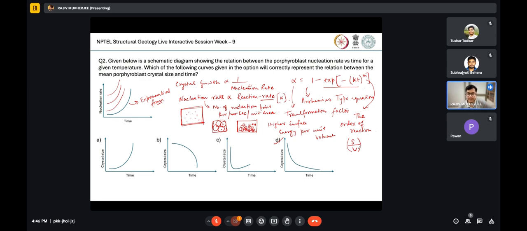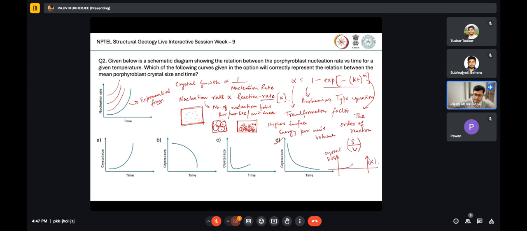The Arrhenius type equation tells us that crystal growth actually follows inversely with the nucleation rate. If I draw a cumulative curve, with crystal size on this axis, there are two y-axes, and say this is k, the reaction rate or the nucleation rate.